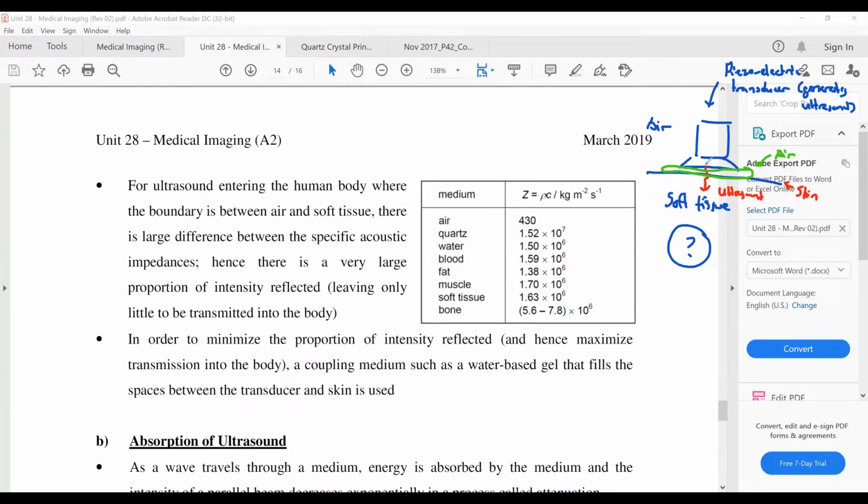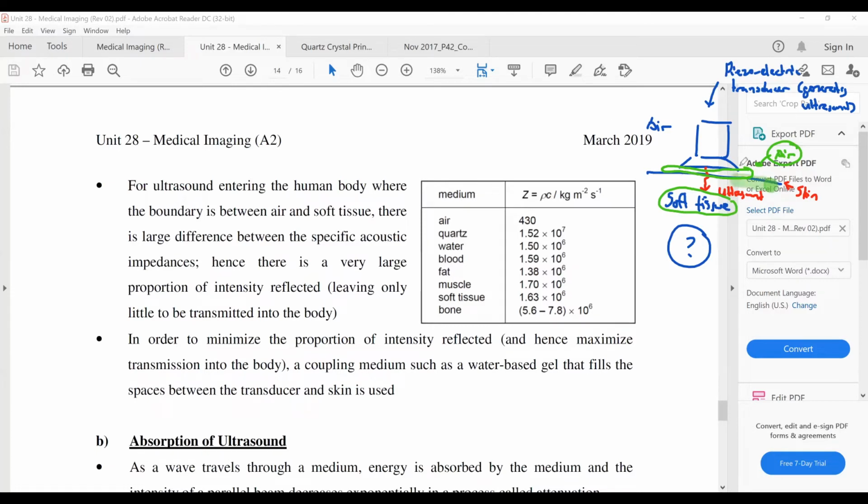Your ultrasound transducer producing your ultrasound, once it hits here, you will have two different mediums. One of it is air, one of it is soft tissue. So your boundary is basically your skin here.